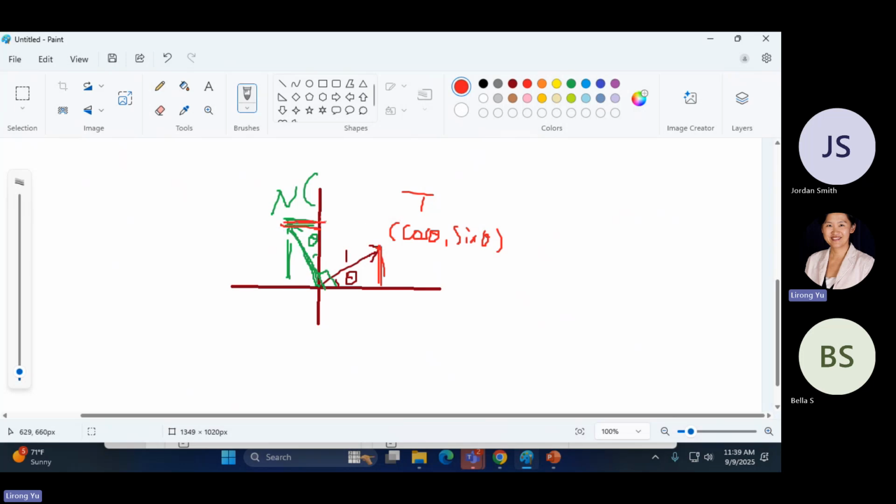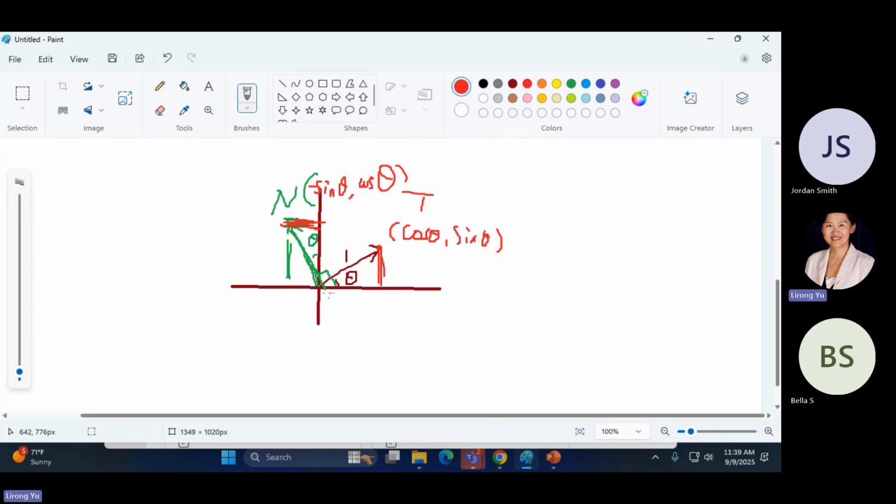There's a similar triangle going on there. So for the normal vector, you can use the sine theta. The sine theta over here becomes the negative sine theta over here, and then cosine theta. So you switch the x and y this way.